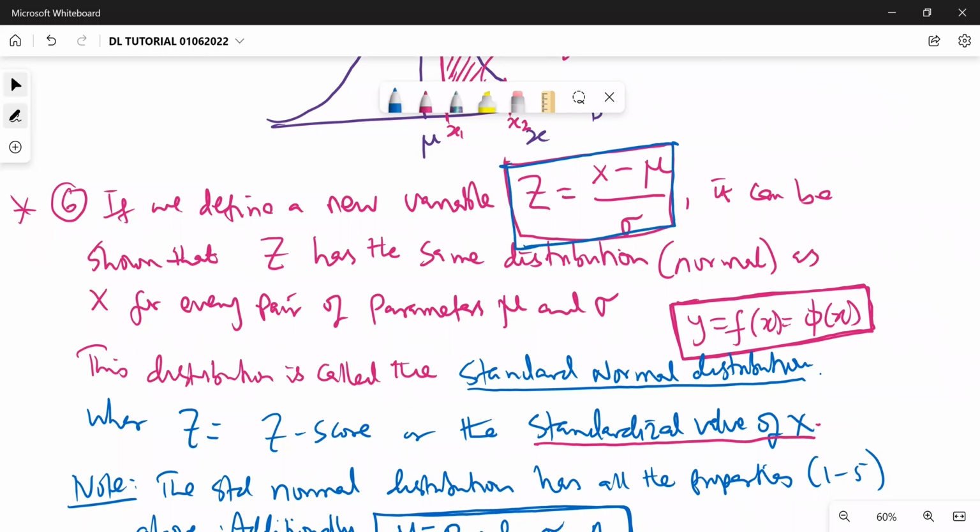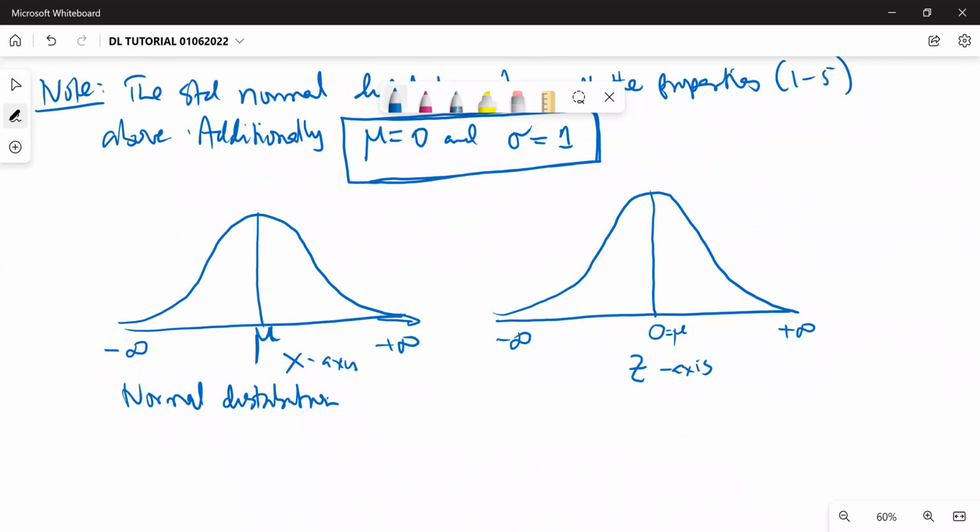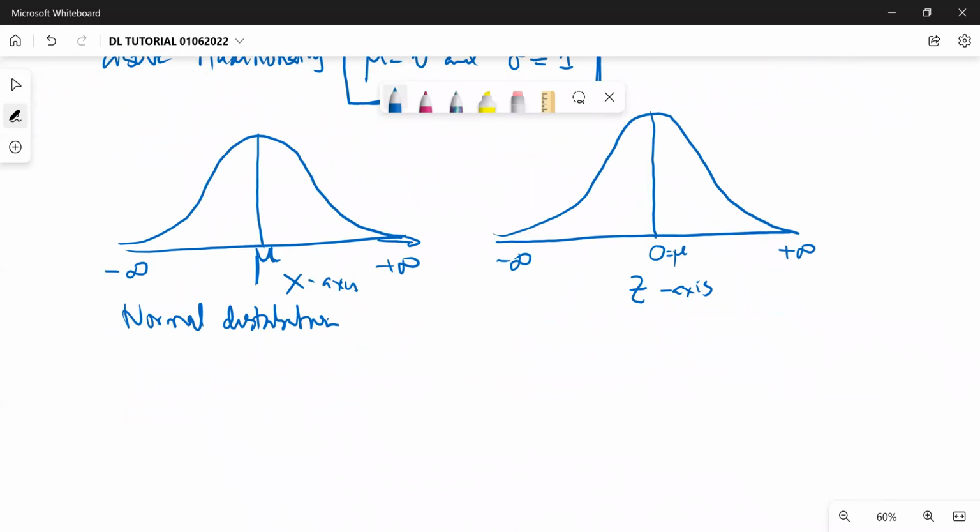That formula is very useful. Okay. So how do we compute probabilities of a normal distribution? So now we are giving the formula.